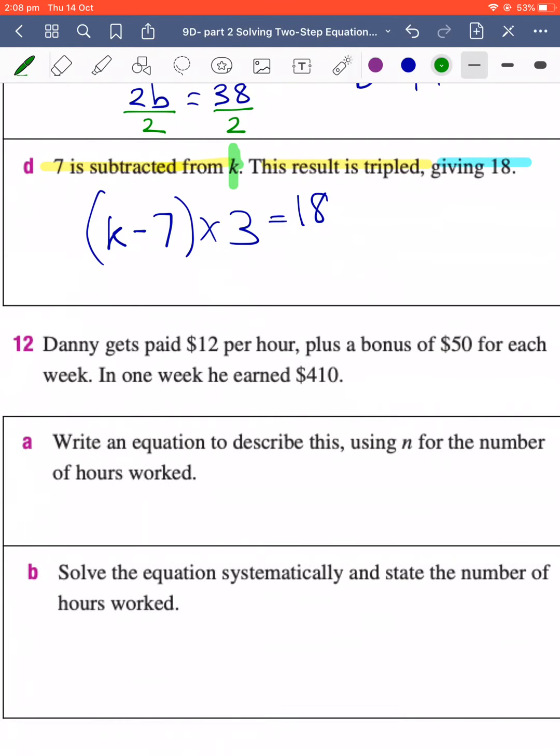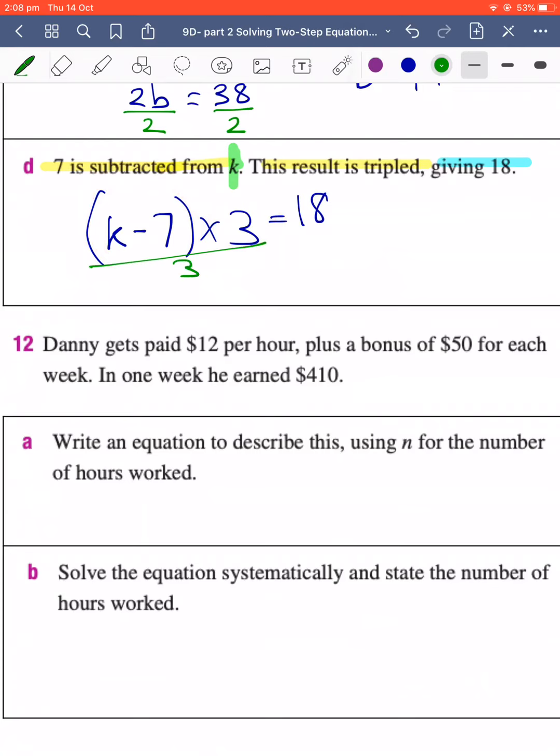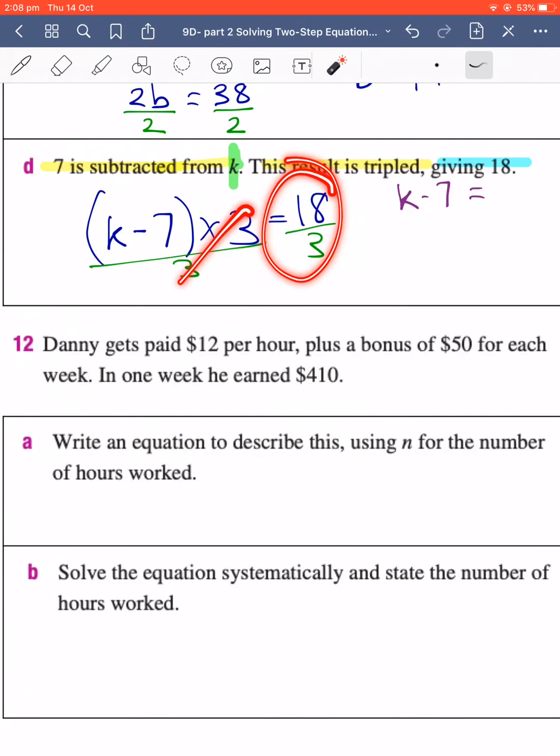Now, let's have a look at how to undo this and solve it. So again, what do we have here? I have multiplication and I have brackets, so I deal with the multiplication first. So I'm going to divide by 3 to both sides, and let's continue. So I end up with k minus 7 equals 18 divided by 3, because remember these two cross out, so I just end up with that, and 18 divided by 3 gives me 6.